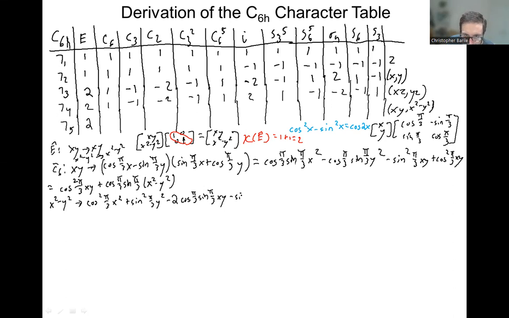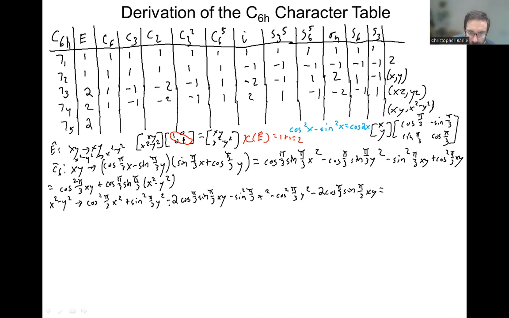So it's going to get us negative sine squared pi over 3 x squared minus, remembering that there's a minus sign on all these, minus y squared cosine squared pi over 3 y squared, minus 2 cosine pi over 3 sine pi over 3 xy.